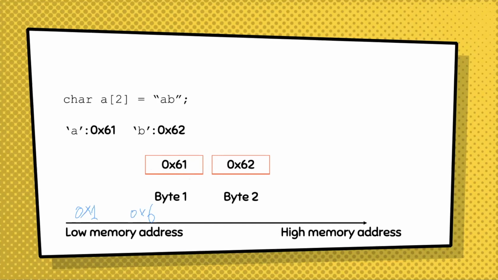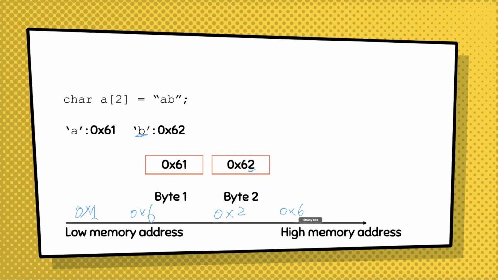Then we look at the second byte, which is B, and again 2 here is the lower 4 bits. So this 4-bit group will be hex 2, and then it is hex 6 again.